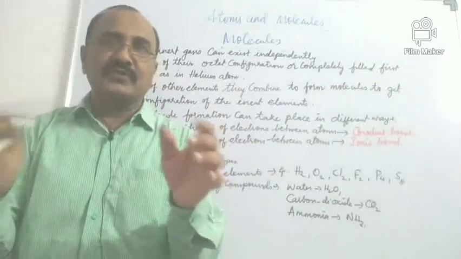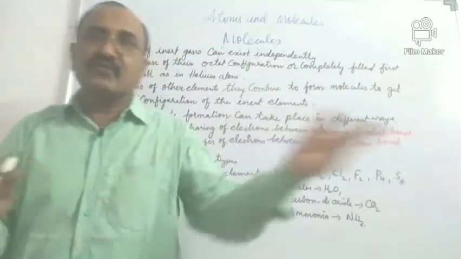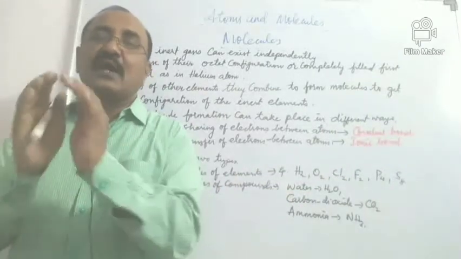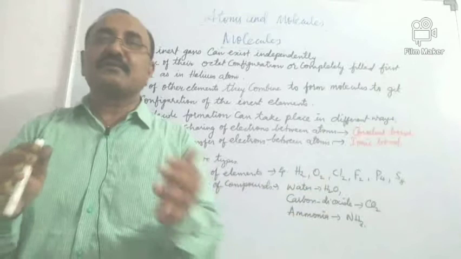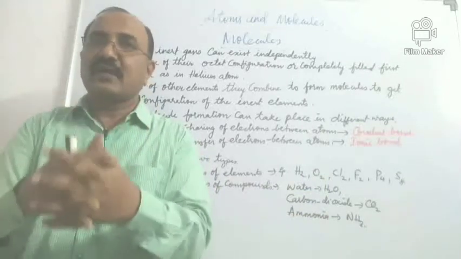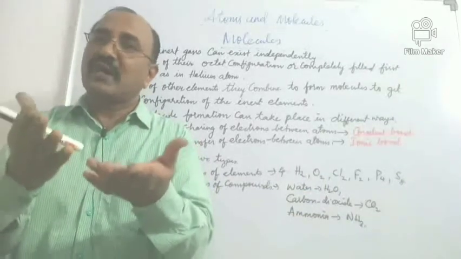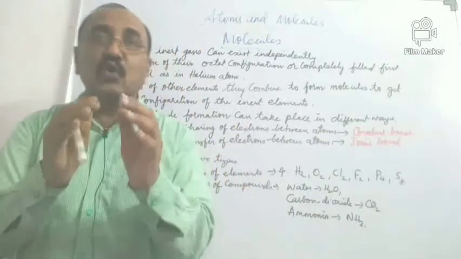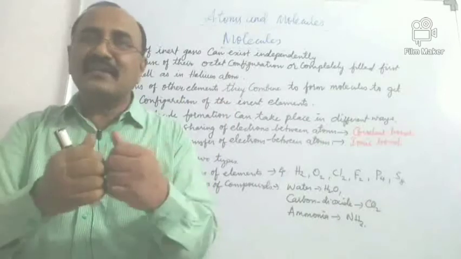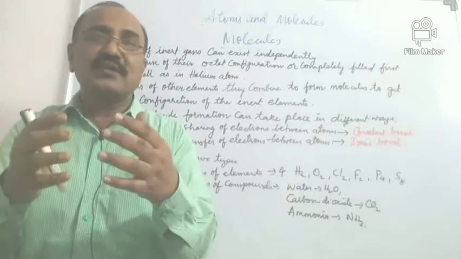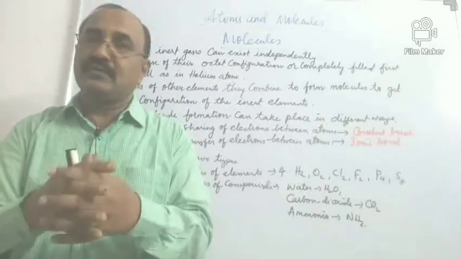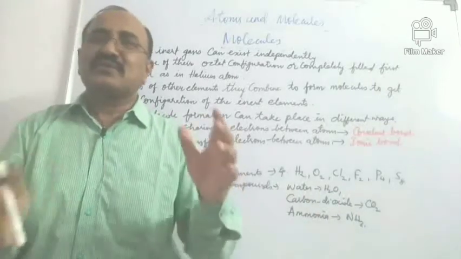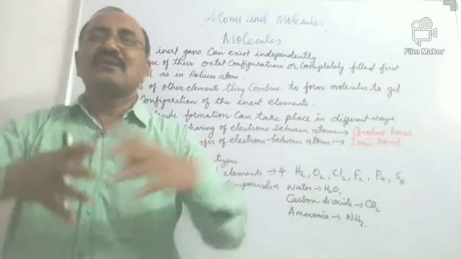Just now we have seen in the case of sodium and chlorine, the sodium atom loses electrons, becoming a positively charged ion, which is called a cation, and the chlorine atom gains that electron, becoming a chloride ion, which is negative, so that's called an anion. These positively charged and negatively charged ions come together and form what is called an ionic bond.